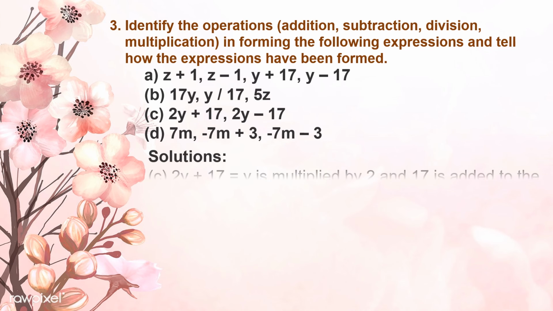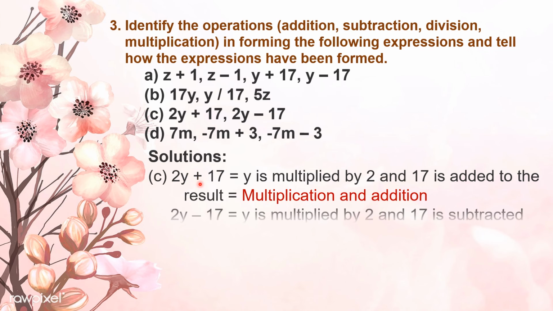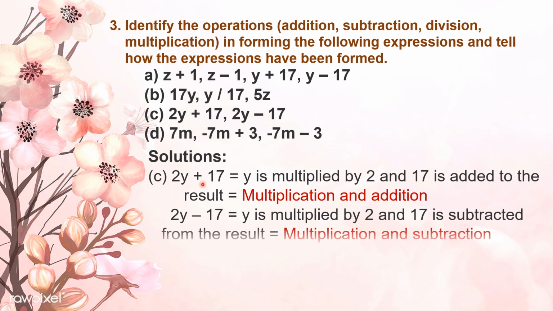Then C. 2y plus 17. So 2 times y. So here multiplication added to 17. So multiplication and addition. Then 2y minus 17, 2 times y. So multiplication is there and subtraction is there. So multiplication and subtraction.